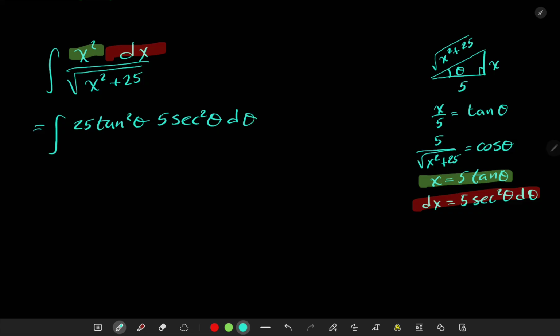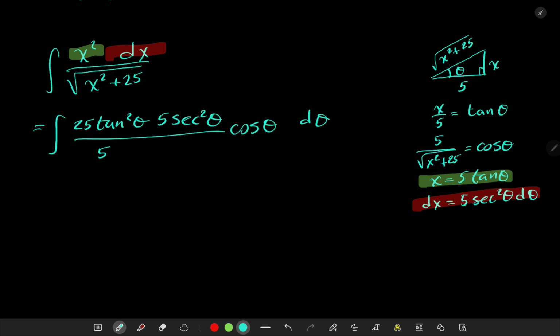Now the thing is, I'm going to have to grab my 1 over the square root of x squared plus 25. That's ugly. And I'm going to write it as cosine over 5. So I'm going to have to multiply it here over 5, and I still need a cosine, so I'll have to move this d theta.